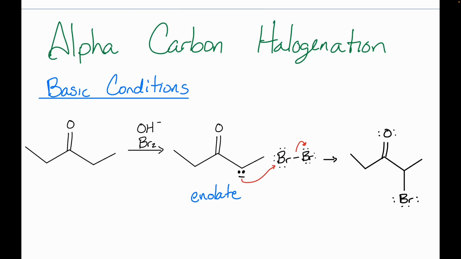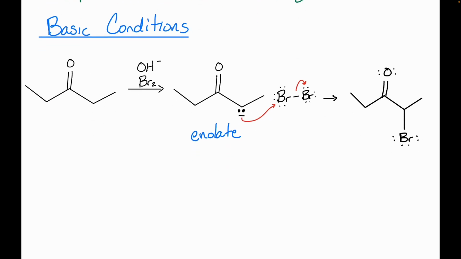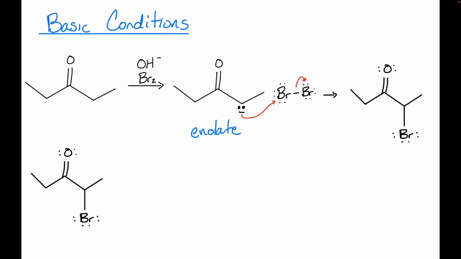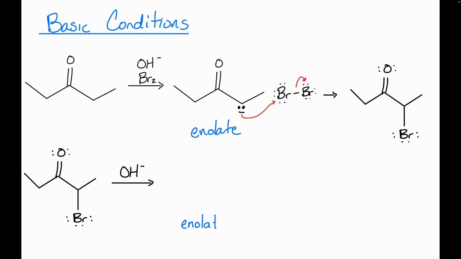So let's take our product from this first round, and we're going to again form an enolate ion under these basic conditions. This second reaction, after you put the first bromine on, will actually react a second time even faster.